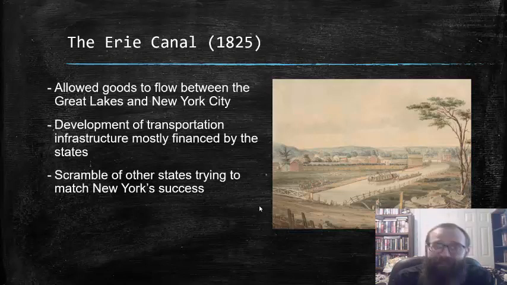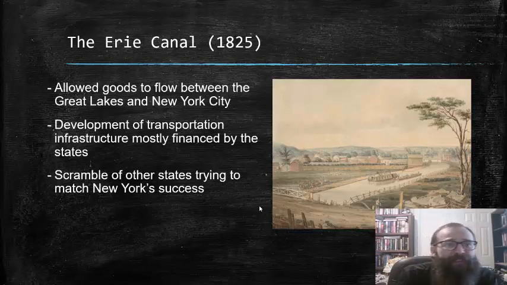This canal connected the Hudson River with the Great Lakes and allowed goods to flow freely between the Great Lakes region and New York City, which opened up the Ohio Valley region in particular and connected them more closely with those eastern markets. And it also led to the increase in the importance of New York City as a market hub and a national and international port.